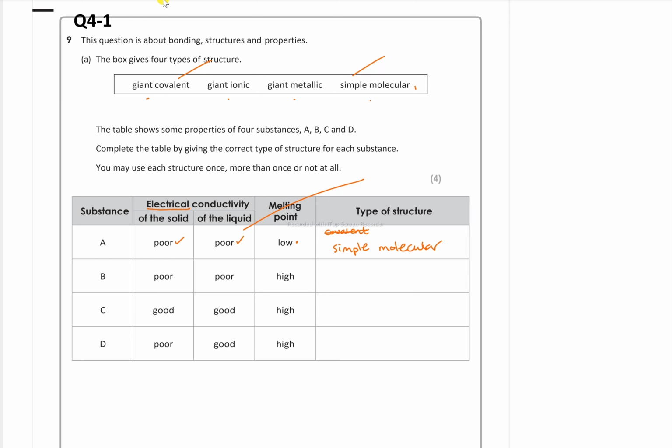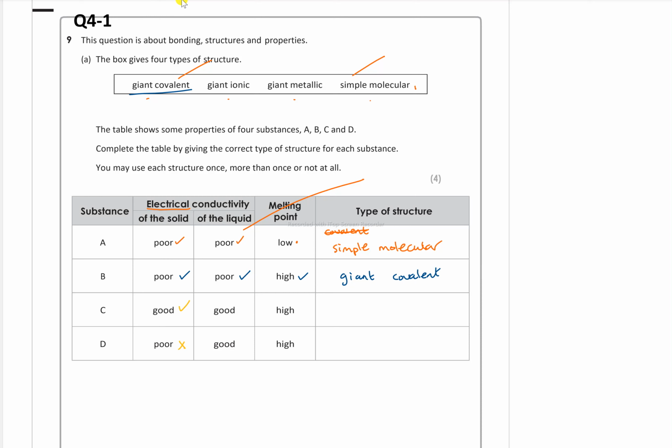Again, you've got poor electrical conductivity when it's a solid and when it's molten or liquid, but it's got a high melting point. So you know it's covalent, and the only other covalent one is giant covalent. Now, I know for a fact metals are good conductors of electricity.